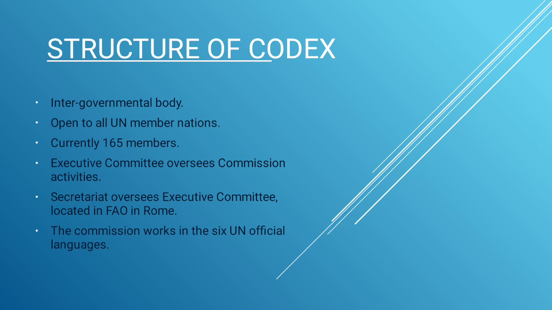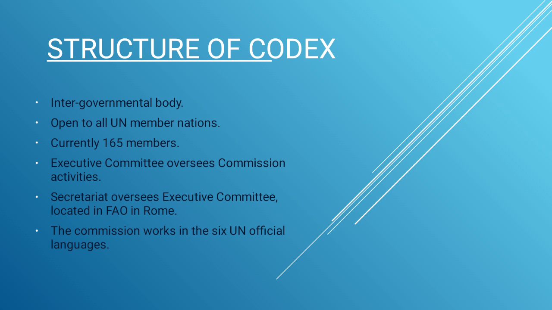Now, the structure of a Codex. How a Codex is formed by the different bodies. First of all, we have the intergovernmental body open to all UN member nations. Currently, 165 members are there in the Codex Commission. The Executive Committee oversees Commission activity. The Secretariat oversees the Executive Committee, located in FAO in Rome.